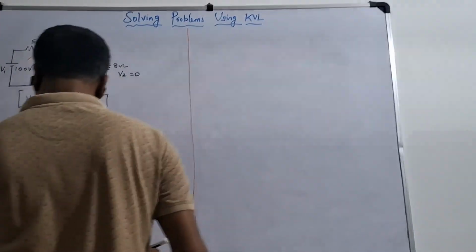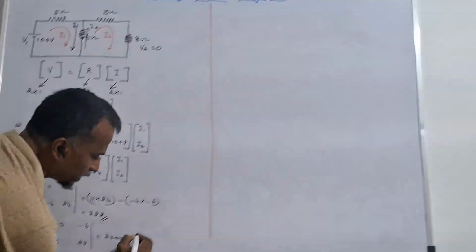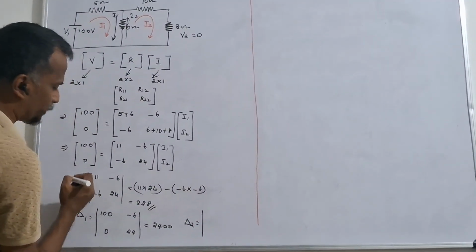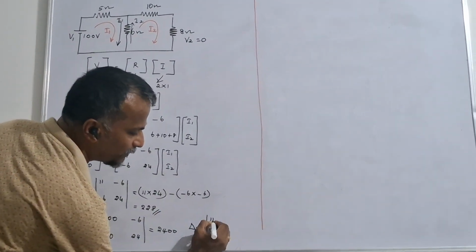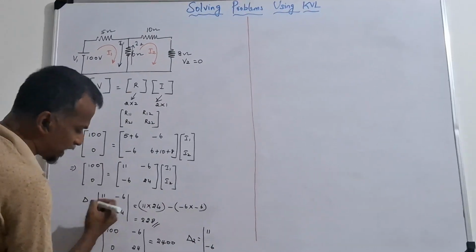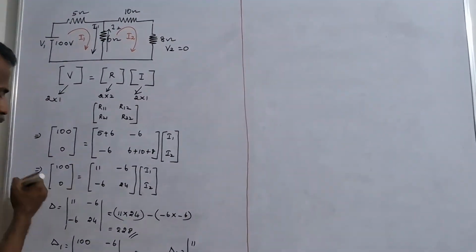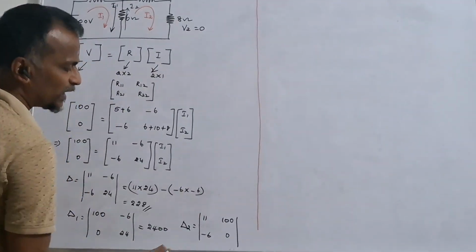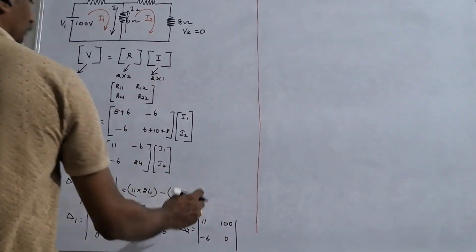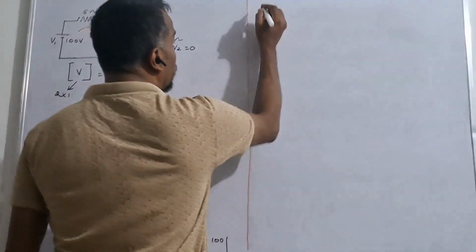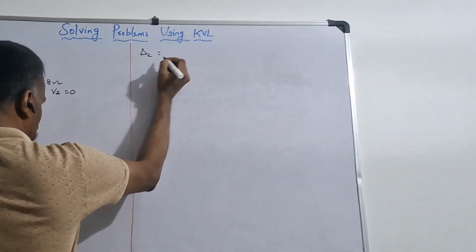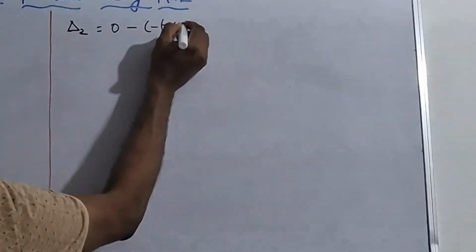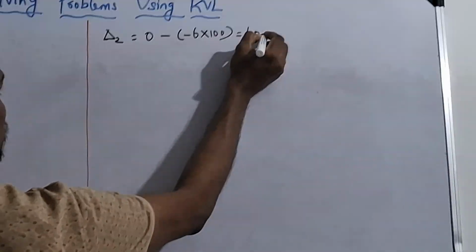Similarly, delta 2 is nothing but the first column as such, 11 minus 6, and the second column replaced by the voltage matrix 100 and 0. So we get 11 into 0, therefore delta 2 is equal to 0 minus of minus 6 into 100, that is equal to 600.